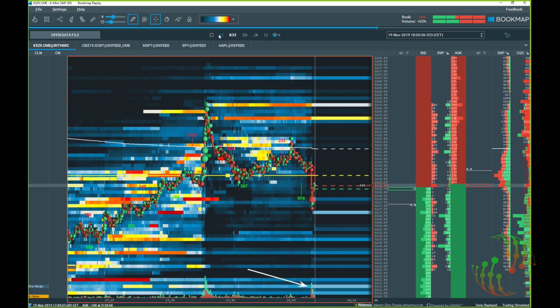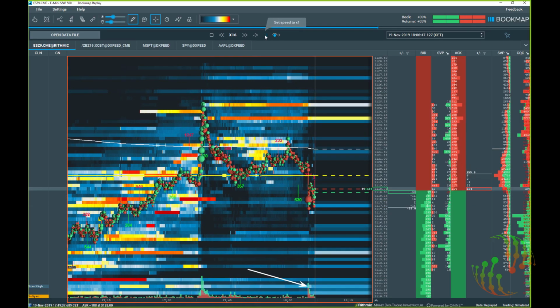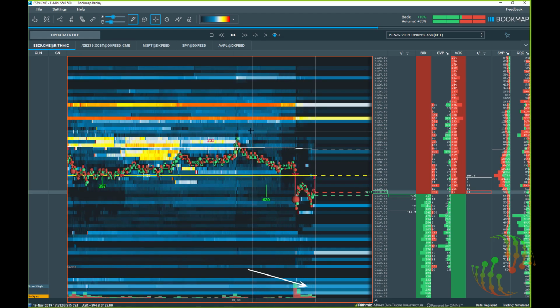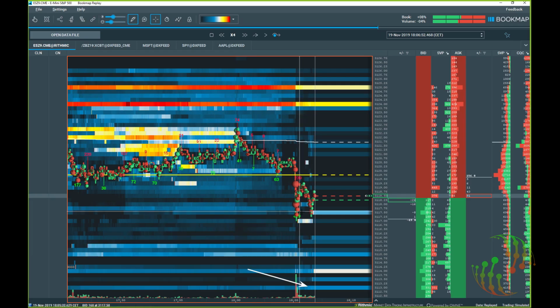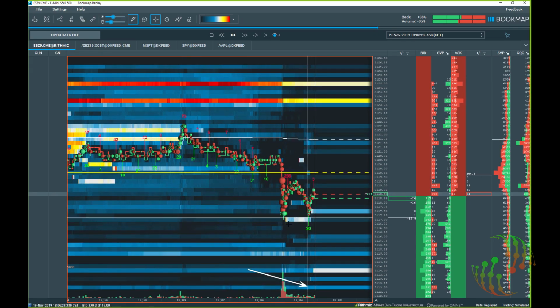And this one, as we discussed earlier, was a picture book trade. That's what we want to see. Sweep, and a retest. Very clear entry here. Very absolute.